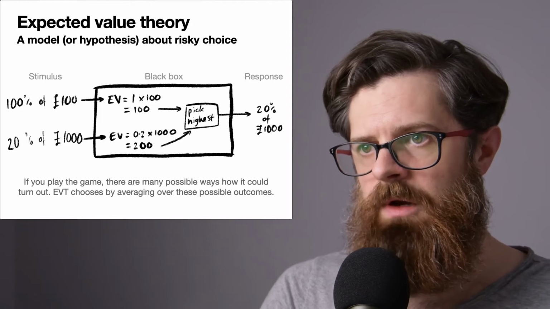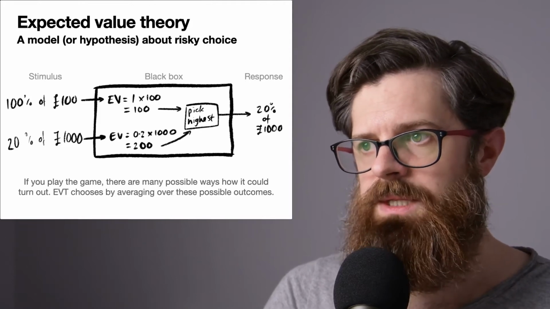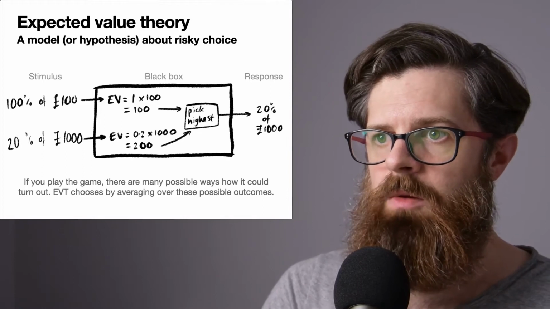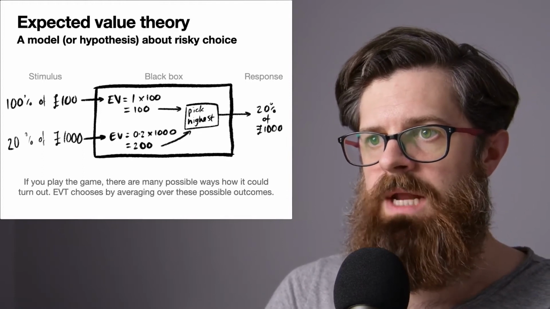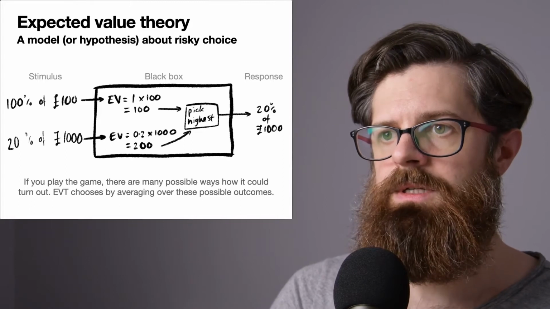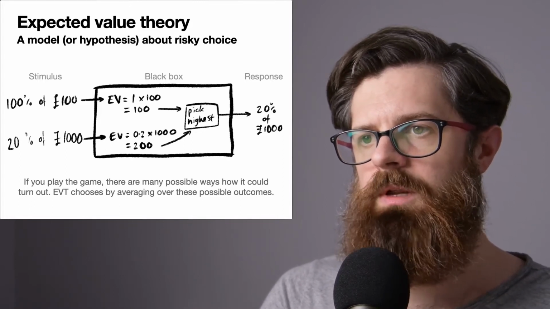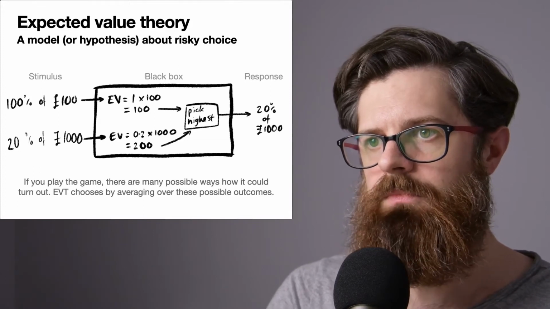So one of the questions then is, what is the expected value? Well, if we think about this example here, 20% chance of winning 1,000, let's just think about what might happen if you were to play this game.